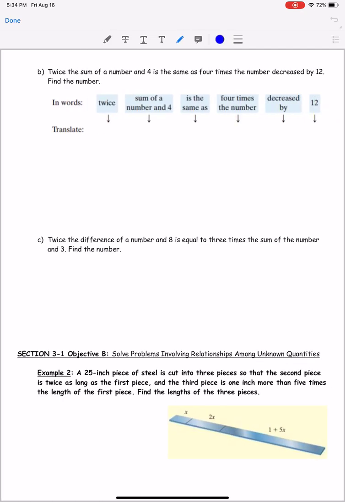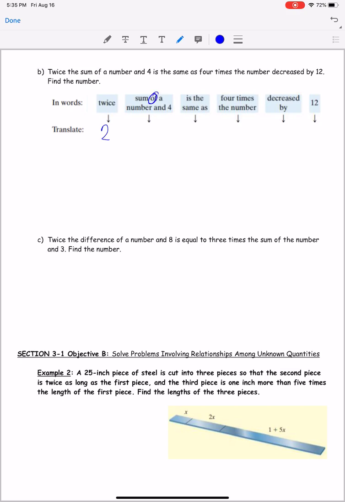Okay, let's turn that page. Let's try one again. We're going to go through this one a little bit quicker. It says twice the sum of a number and 4 is the same as 4 times the number decreased by 12. So again, when you read that all at once, super overwhelming. So that's why we have this in words again. You need to do this in chunks. So twice means 2.